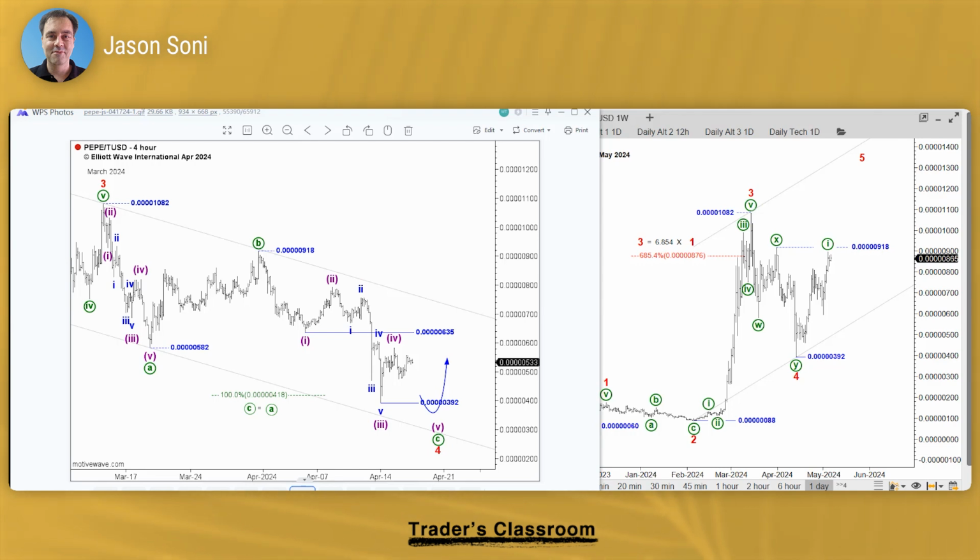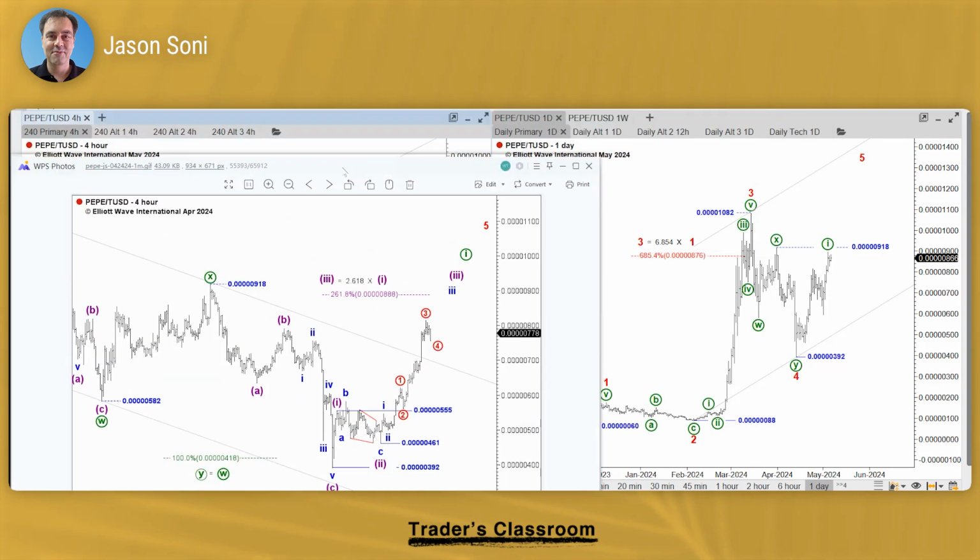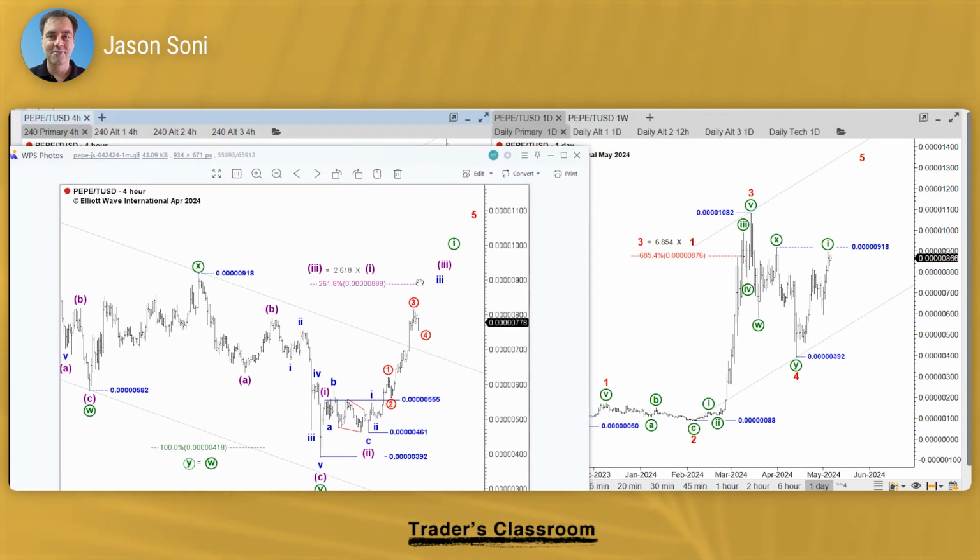So on the downside, we got a break of 582 to negate the triangle. Then we've got this scenario where I'm working a zigzag, and that ended up proving to be wrong. And then I've had to literally be forced into arguing for a double zigzag based on the trend and the move to the upside. So once it took out that low and this impulsive looking upside, it's basically telling you a message.